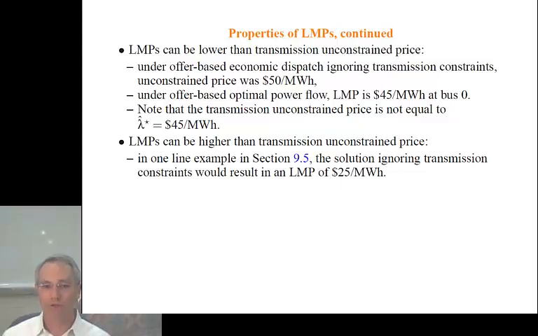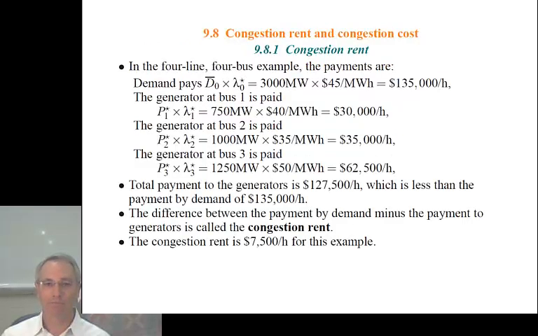So let me emphasize that the transmission unconstrained price is definitely not equal to $45 per megawatt hour, which is the LMP at the demand. The LMPs can be higher than the transmission unconstrained price, and that occurred in the example in 9.5, where the solution ignoring transmission constraints, you can check it out, would result in an LMP of $25 per megawatt hour.